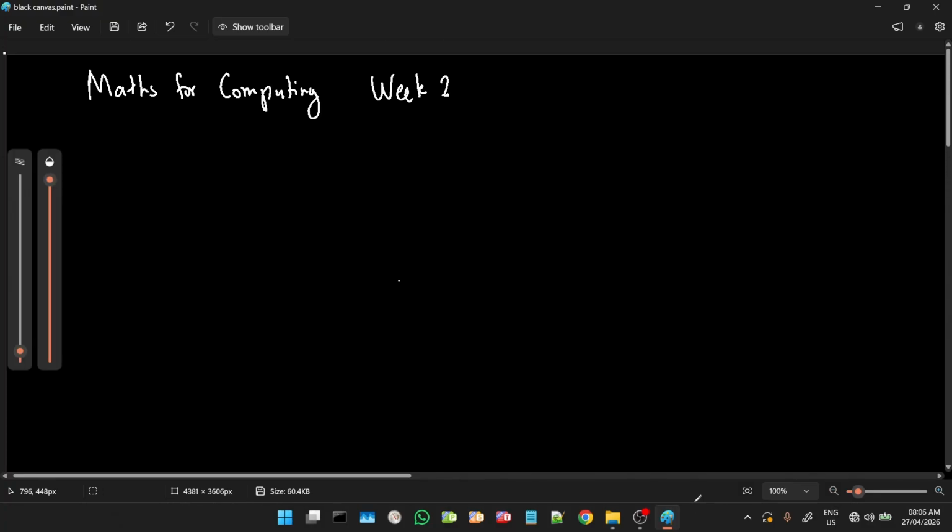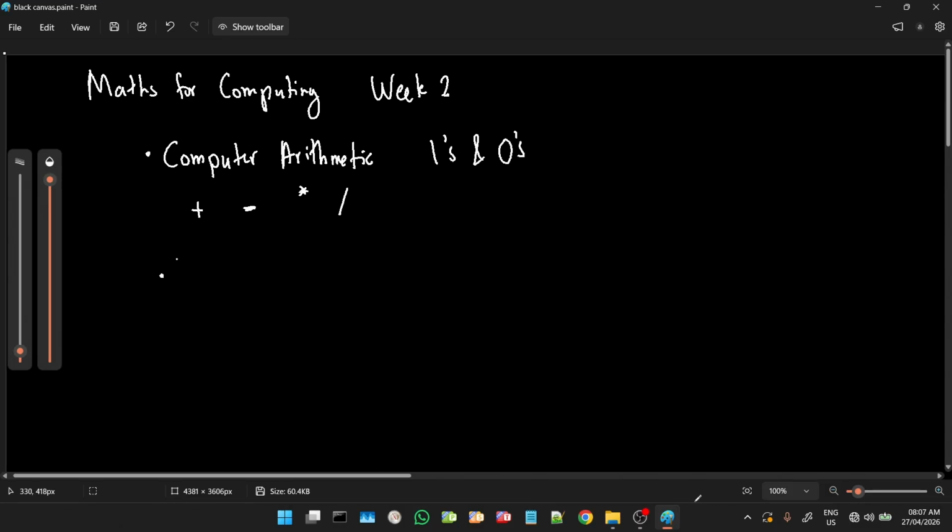Okay, so what are we going to learn in week 2? Well, these are the main things we're going to focus on. Mainly, we are going to focus on computer arithmetic, as in, we all know computers only have ones and zeros. So we will be learning to do arithmetic with these numbers, as in addition, subtraction, multiplication, and division.